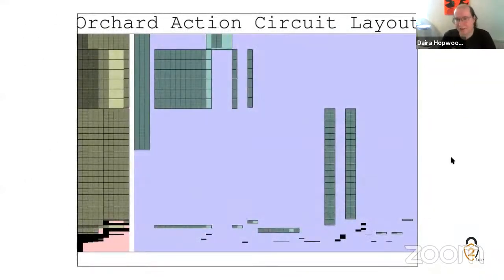So this is a kind of visualization of the circuit layout. There's kind of an analogy between a Plonk circuit and an integrated circuit in hardware, say. So if you look at the layout of the left-hand side of this, the sort of khaki green one, that is showing the advice columns. So that's the ones that contribute most to proving cost.